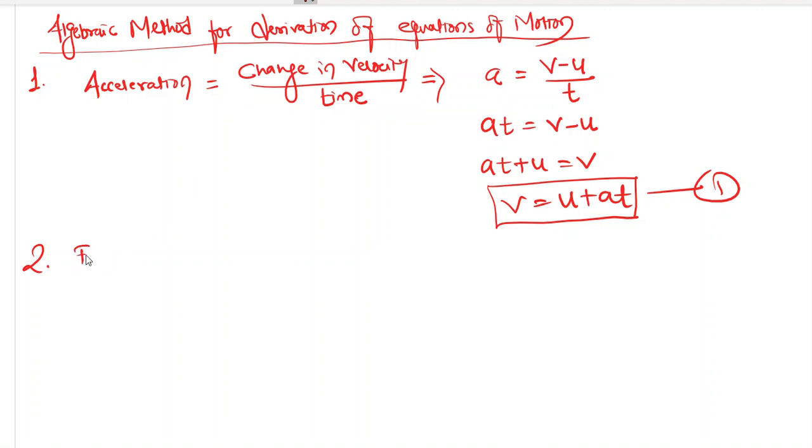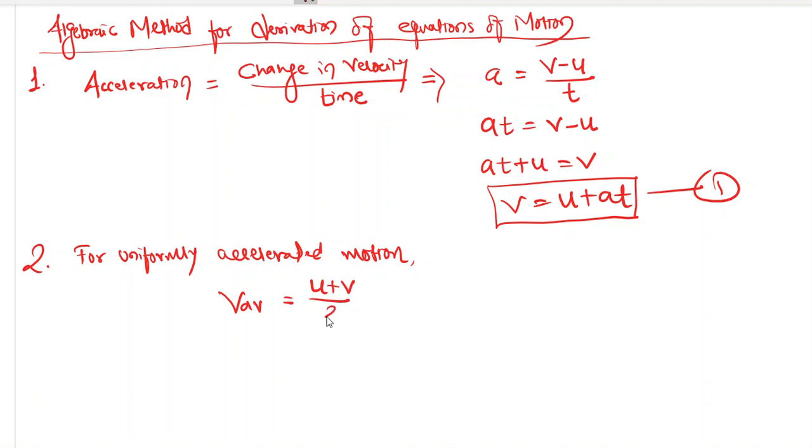See, we know that for uniformly accelerated motion, average velocity is equal to (u plus v) upon 2, and this is only for uniformly accelerated motion.